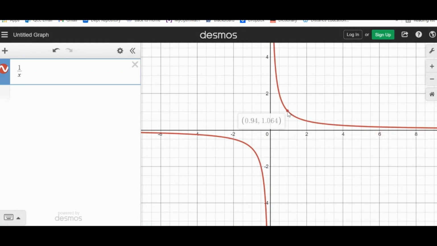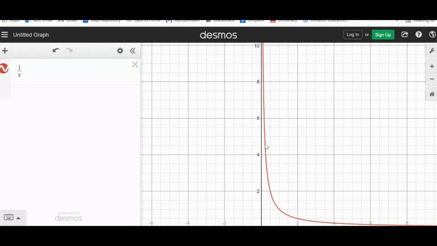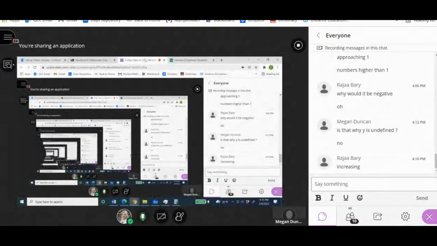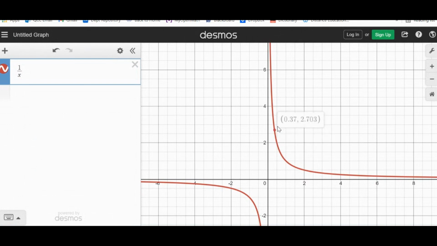As you are getting closer to 0, as the x values go 0.6, 0.5, 0.4, 0.3, what happens to the y values? The y values keep increasing, right? So they keep increasing, and here we see that they are going to positive infinity.